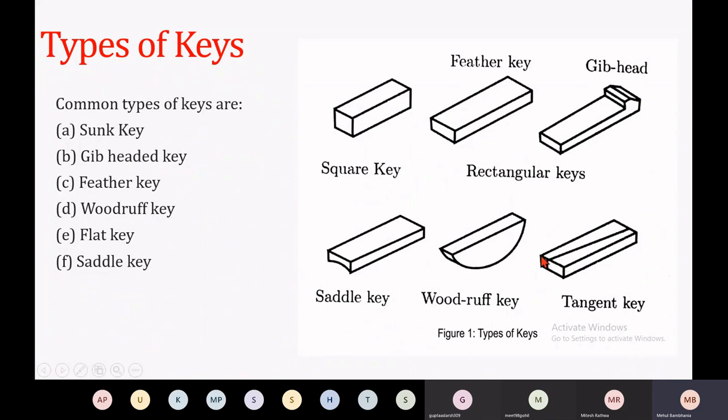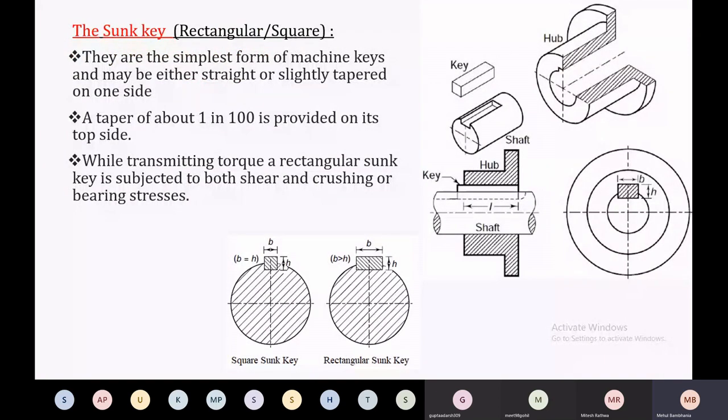So there are several, but these are general purpose keys used in the shaft and hub mechanism. Now let's look very quickly, one by one, at what individual keys look like and what the difference between individual keys is. The very common or simplest form of key is referred to as a sunk key.